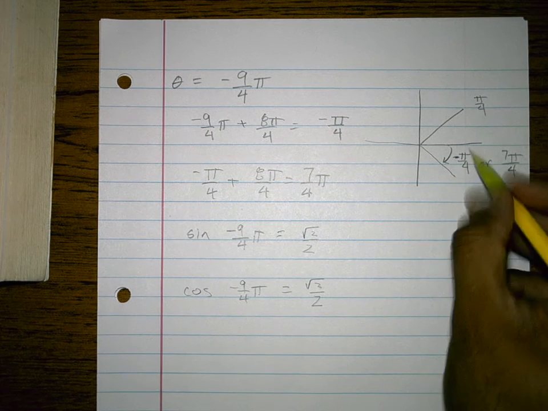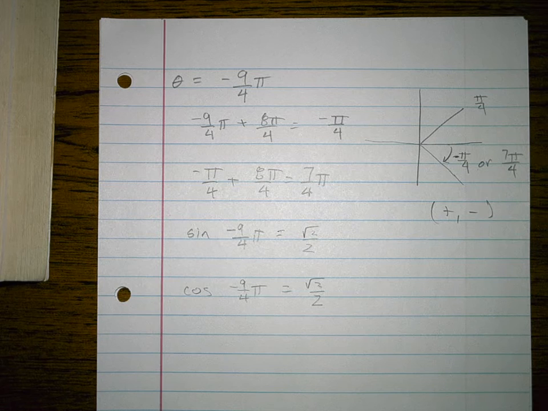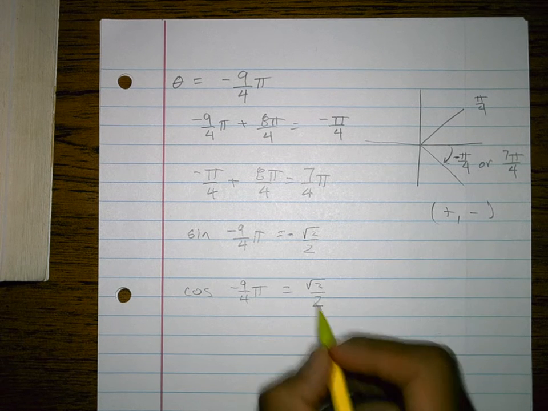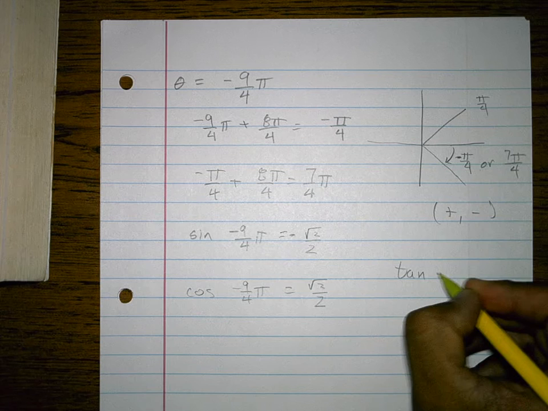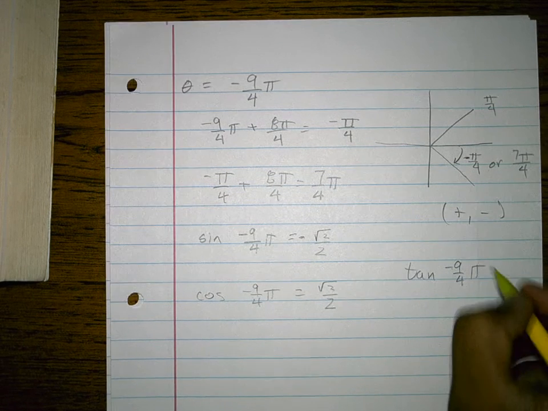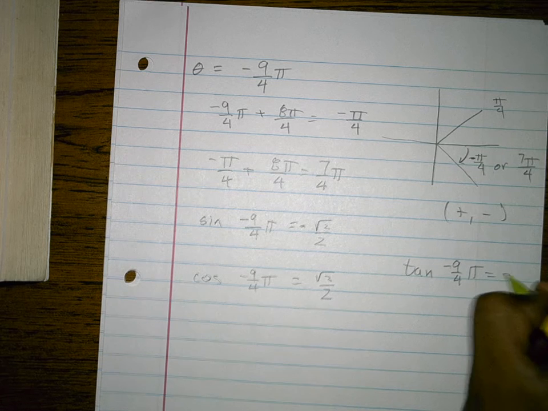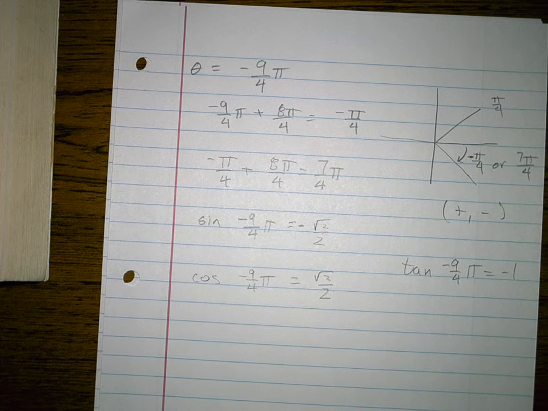I'm really down here in quadrant 4, where the x's are positive and the y's are negative. So my sine value is negative and my cosine is positive. Consequently, my tangent is going to be negative 1, because I'm going to divide this one by this one. Positive divided by negative, or vice versa, is a negative.